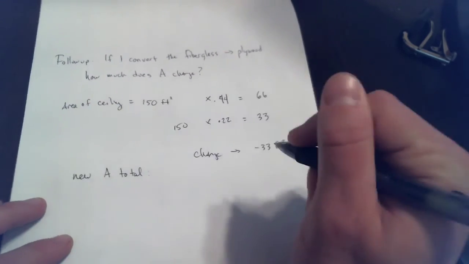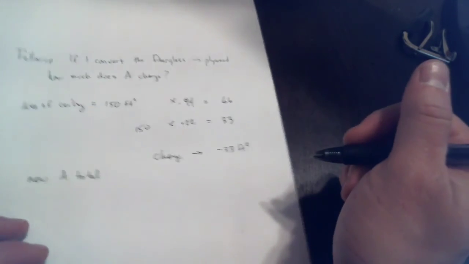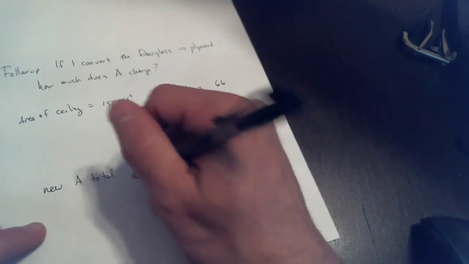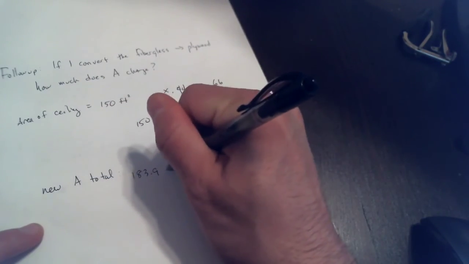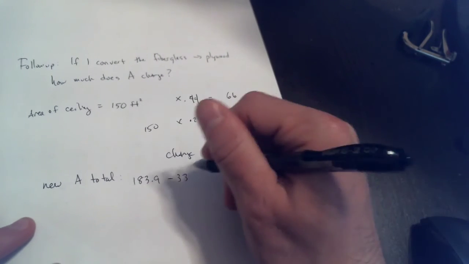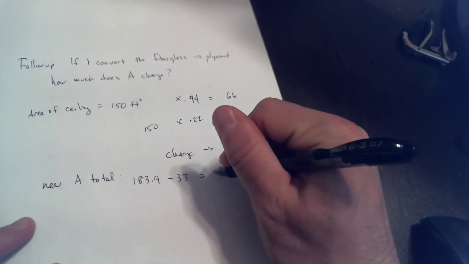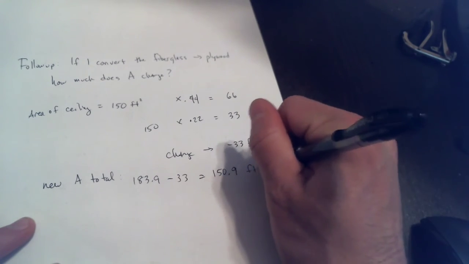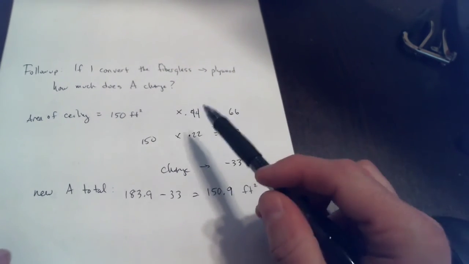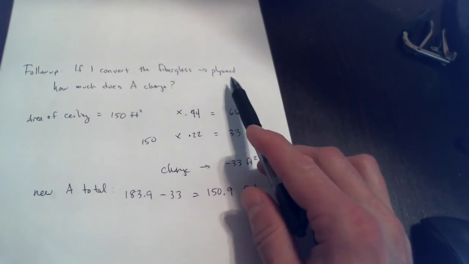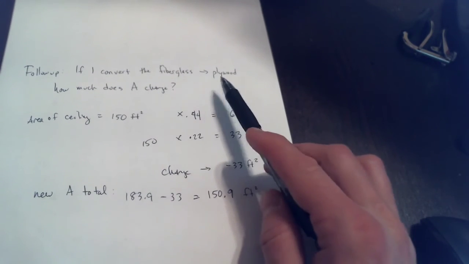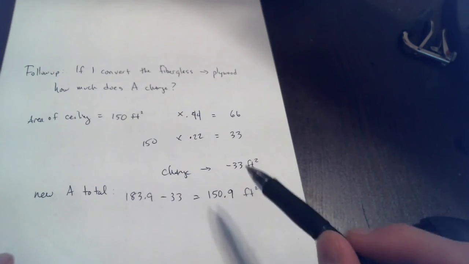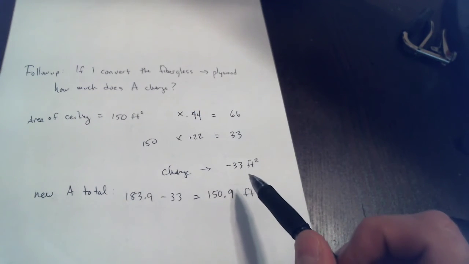So the new absorption area total, I mean, I could go through and add the 6 figures again, but what would be better is if I took the 183.9 that I had before and just subtract 33 from it. I don't need anything fancy to do that. It's 150.9 square feet. So just changing one material in the guiltiest surface, right? I get a total absorption area change of 33 less.